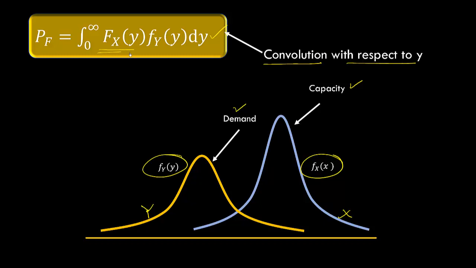So this term, that is Fx evaluated at y, is basically cumulative distribution function, that is CDF. So let us say if I consider a point y here, that is random variable y takes a value of y, then I can go to the curve for random variable x. So this is the random variable x curve. So this Fx, that is CDF, is nothing but this area.